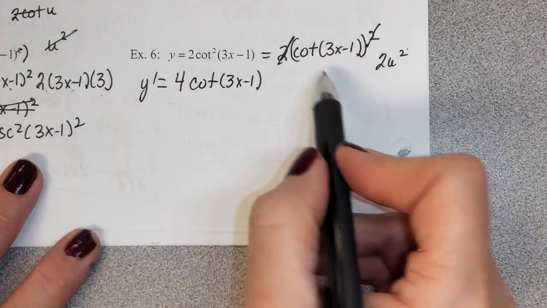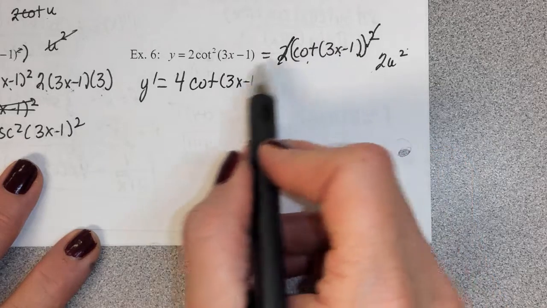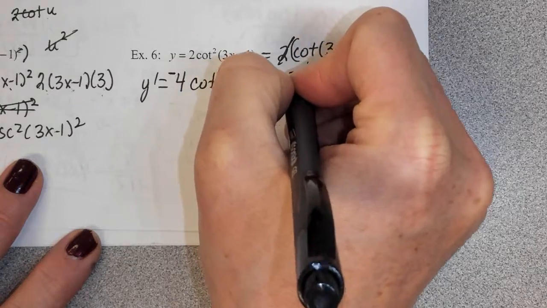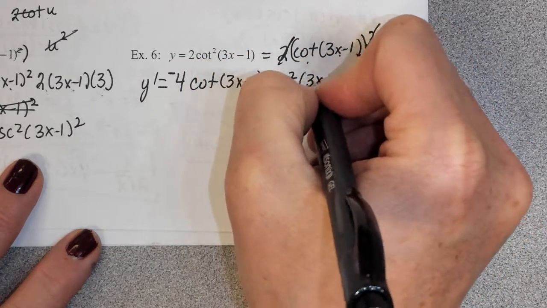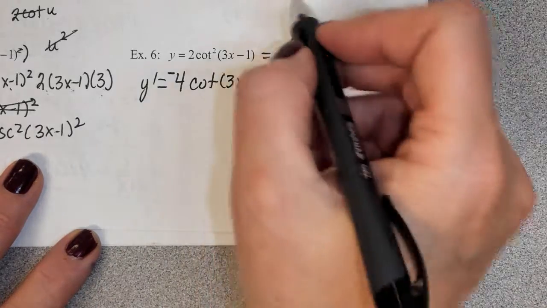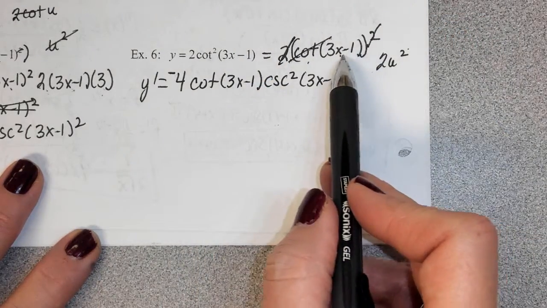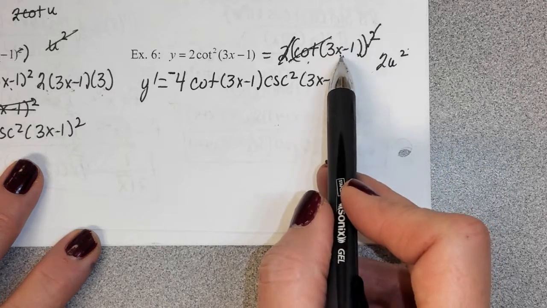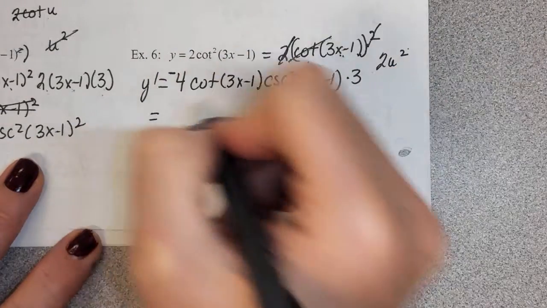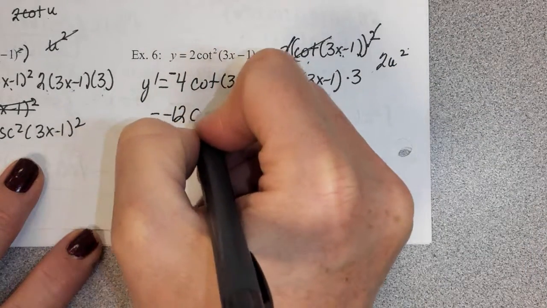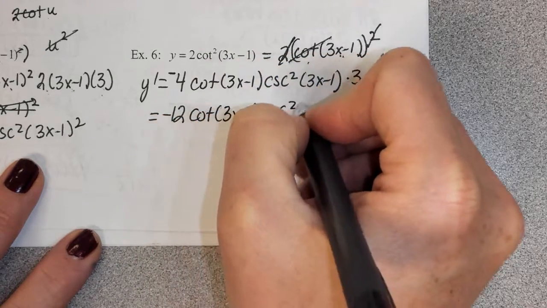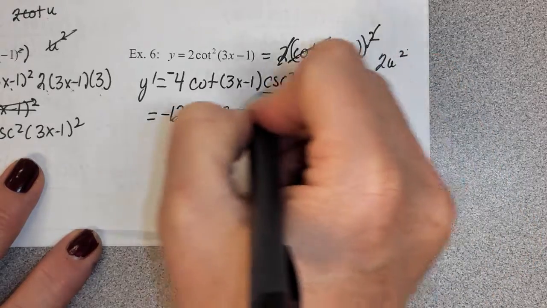We already took care of those. Now we're down to cotangent of u. Derivative of cotangent we just did. It was negative cosecant squared of u. So now we just did the derivative of cotangent. Done with that. Finally, down to the inside part. This is when we're finished. Derivative of 3x minus 1 is 3. So we're going to have -12 cotangent (3x minus 1) cosecant squared (3x minus 1).